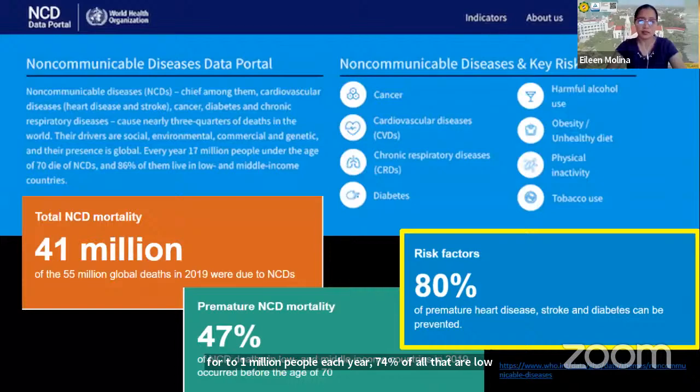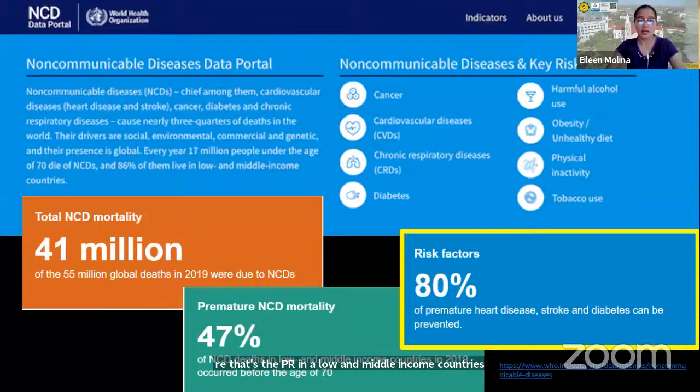And each year, 17 million people die from an NCD before age 70. That's what we call premature NCD mortality, dying before the age of 70. 86% of these premature deaths occur in low and middle income countries.